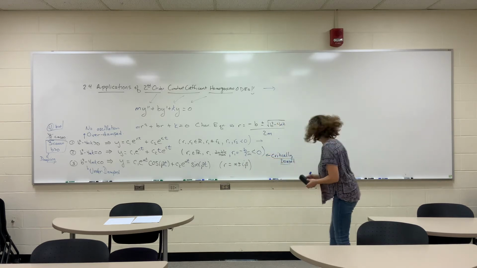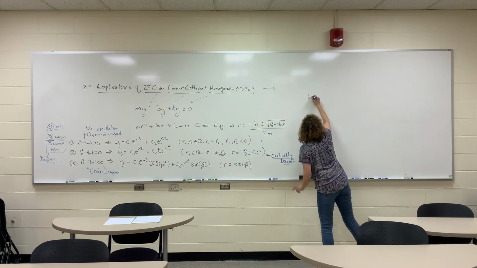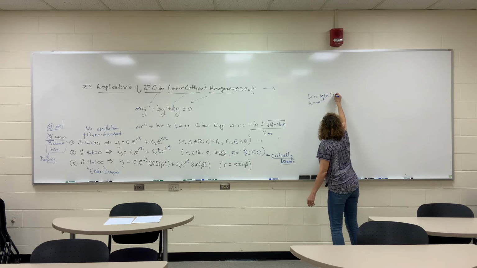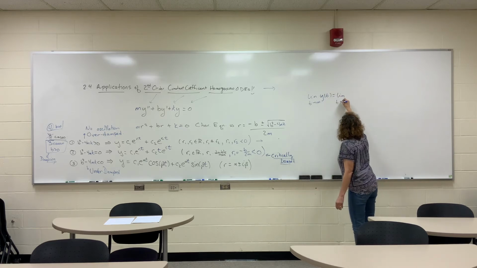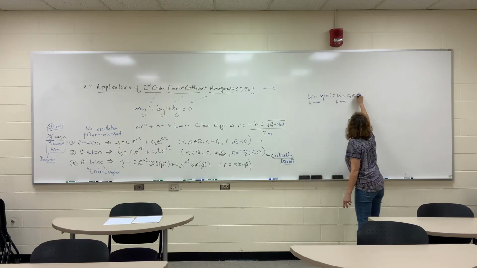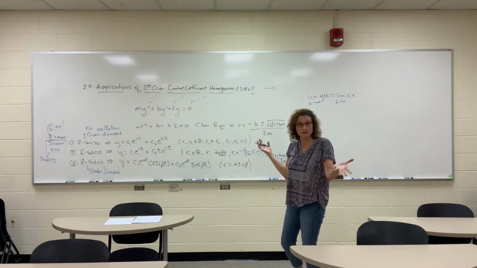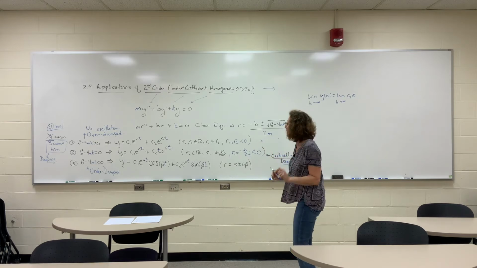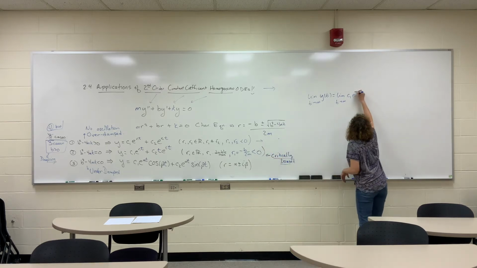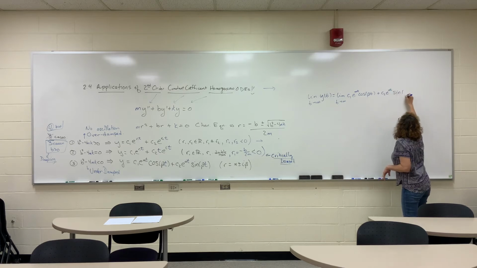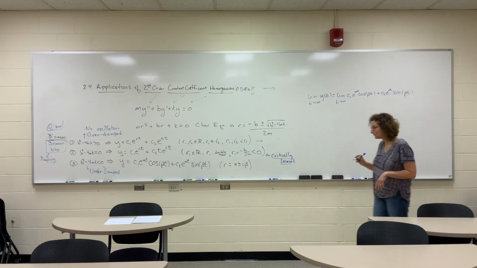Okay, so what's happening there now? Okay, so if we're thinking about taking a limit as t goes to infinity of y of t, we're talking about a limit as t goes to infinity of c1. Now, for a specific initial value problem, you would have determined c1 and c2 to be specific numbers, okay? e to the alpha t cosine beta t plus c2 e to the alpha t sine beta t, right?